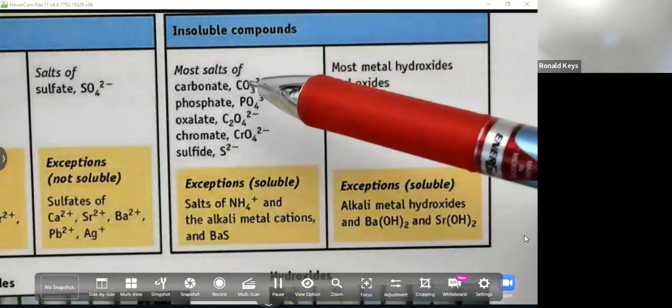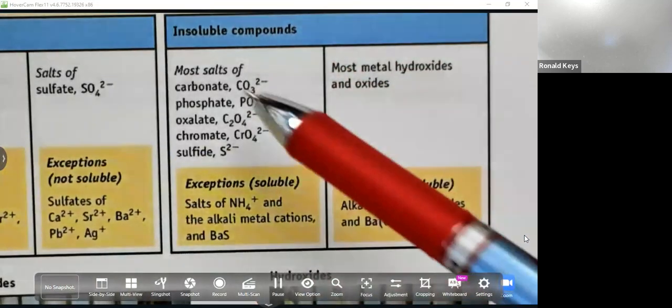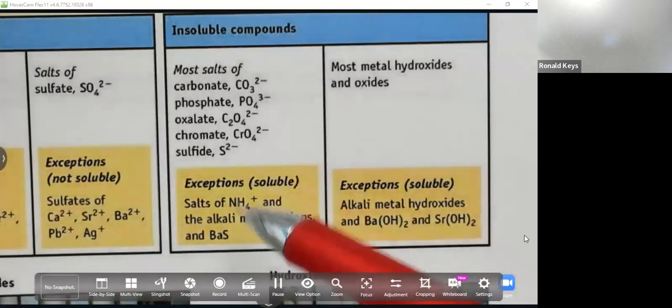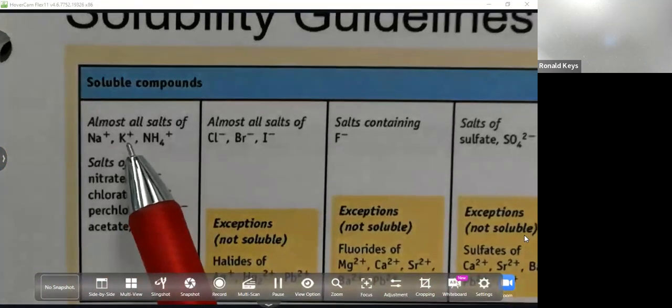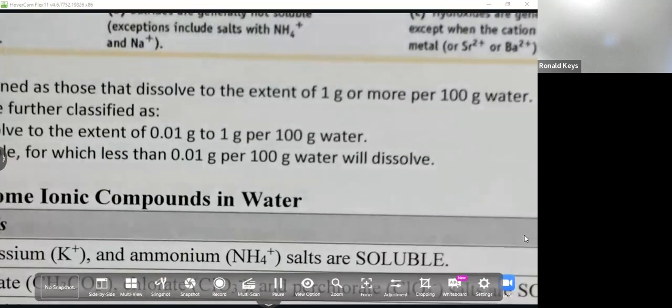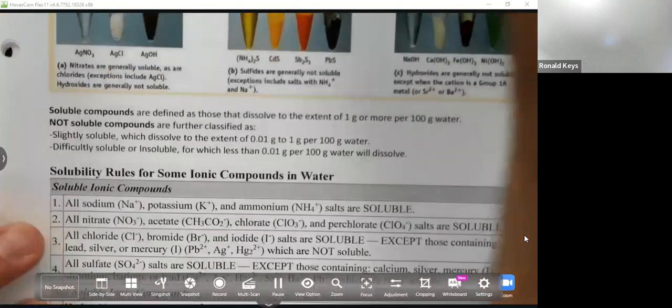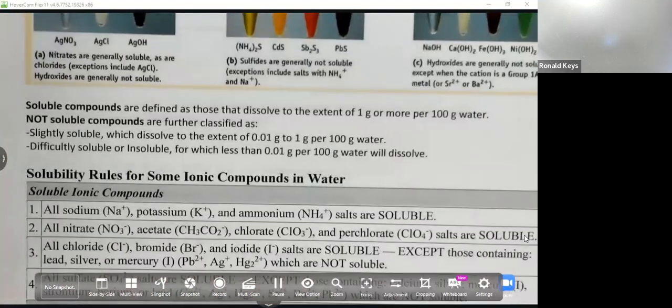Soluble compounds, negative ions. And of course, the exceptions are over here: sodium, potassium, ammonium. And again, this is solubility down here. Some more guidelines.